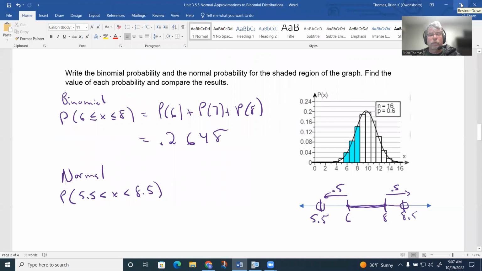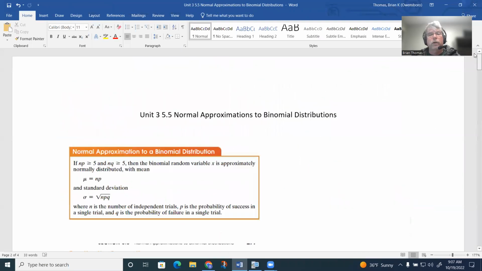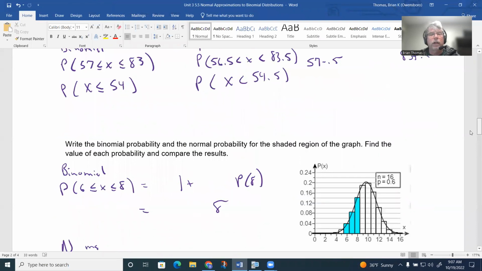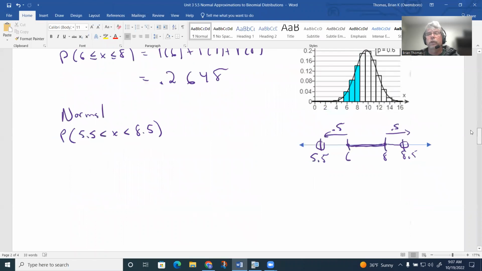So our mean, if we recall, is going to be n times p, and then the standard deviation is going to be the square root of n times p times q. So I still need that math there to do this.